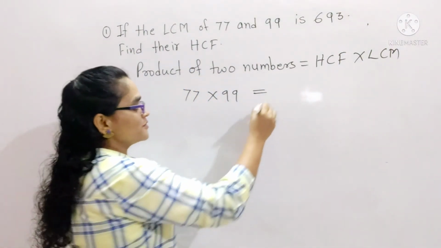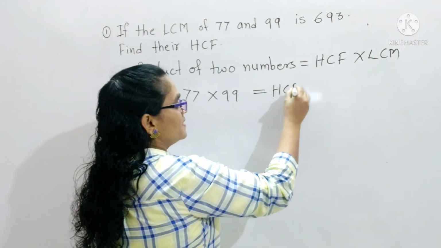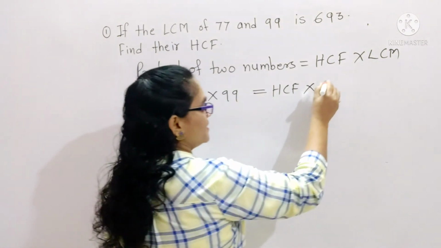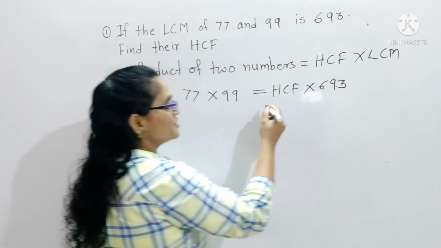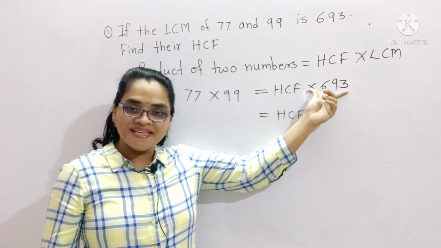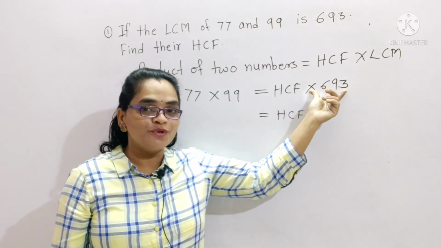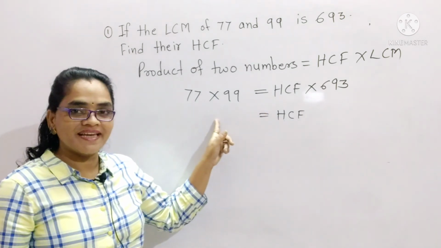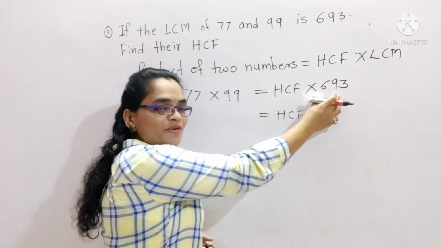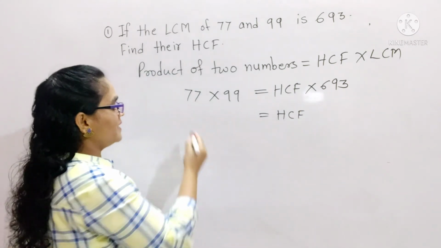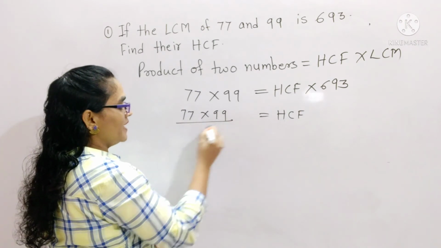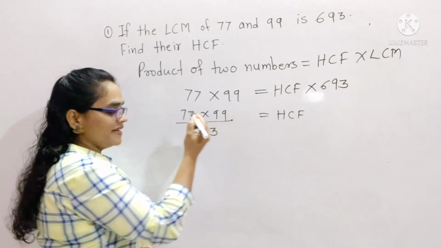We have to find it out, so write down HCF as it is into LCM. How much is given? 693. And solve it. HCF keep on the right hand side as it is. When 693 moves to the opposite of the equal sign, that is from the right hand side to the left hand side, instead of multiplication it will come as division. Means 77 into 99 divided by 693.